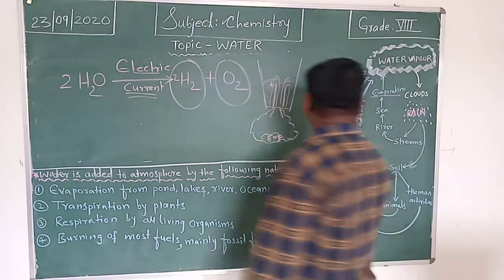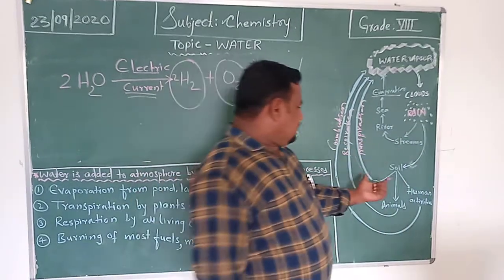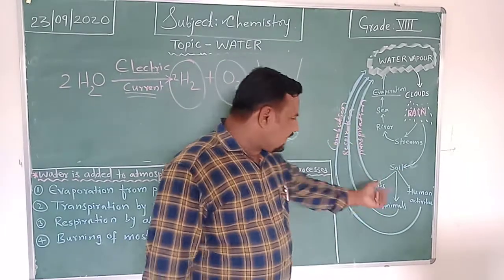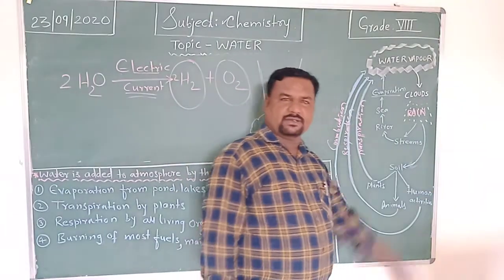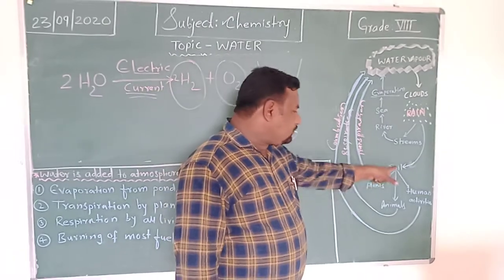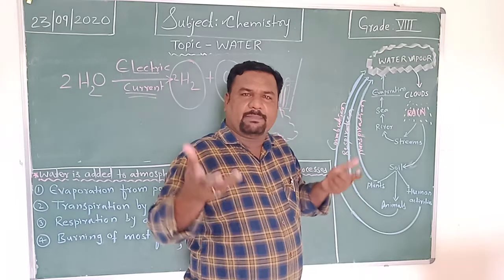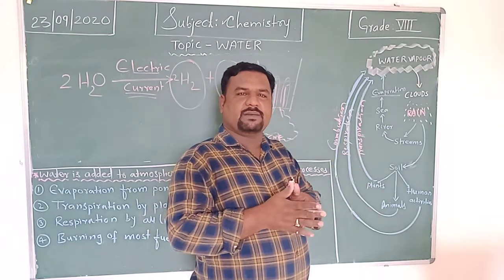See here, what do we come to know? Water present in the soil is utilized, taken by plants, animals and human beings. Plants utilize the water; how much quantity they need, that much is utilized by the plant.